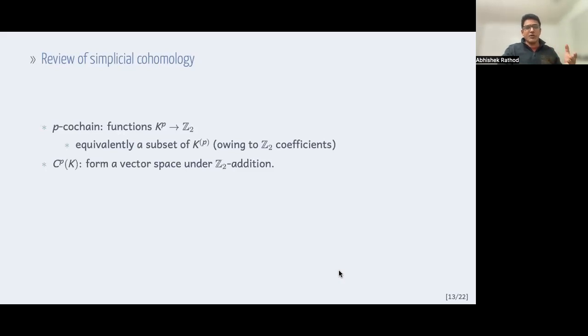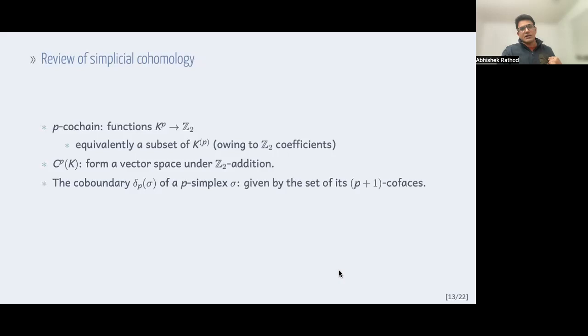The p-cochains of the complex K under Z2 addition form a vector space, which is called the p-cochain group of K, and we denote this by C^p(K). And now we define the coboundary map. First, the coboundary map applied on a simplex is just the set of (p+1) cofaces of that simplex.